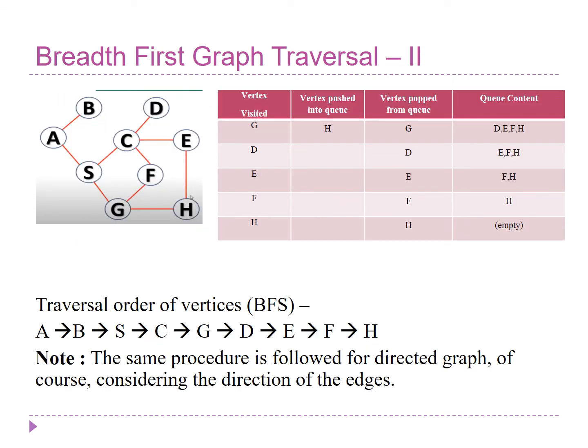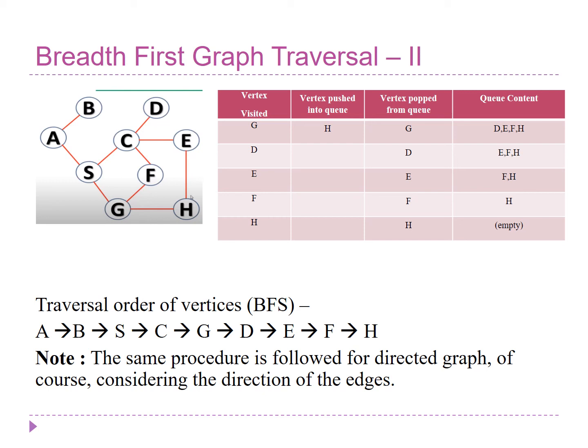G, which is at the front of the queue, is popped from the queue and marked as visited, and the connected vertex H of G is added to the queue.